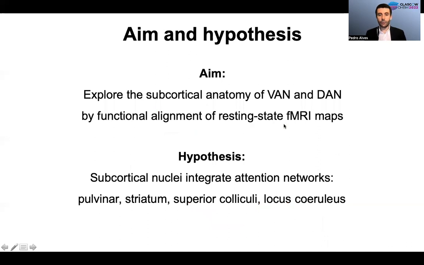Therefore, with this work, our aim was to explore the subcortical anatomy of the ventral and dorsal attention networks by the functional alignment of resting state functional MRI maps. Our hypothesis was that some subcortical nuclei, such as the pulvinar, striatum, superior colliculi, and locus coeruleus, also integrate these networks.